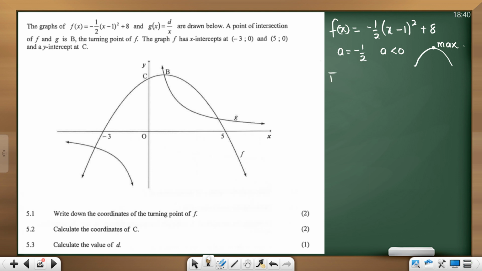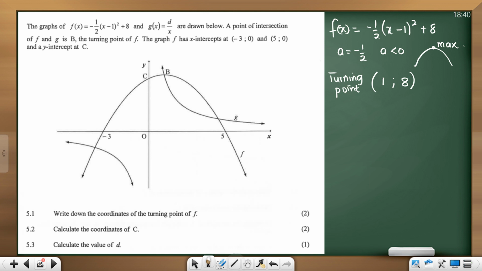Number 2, I can get my turning point, which is the maximum point. What are my turning points? 1 and the y value. Please take note that the sign has changed. In the bracket it was negative 1. When I write out my turning point, look at the graph.